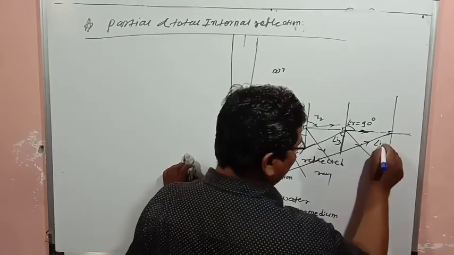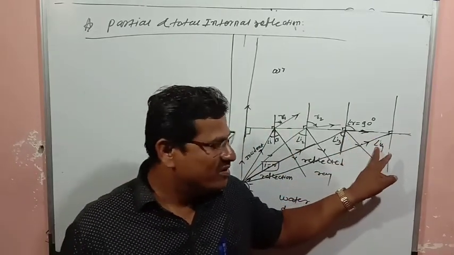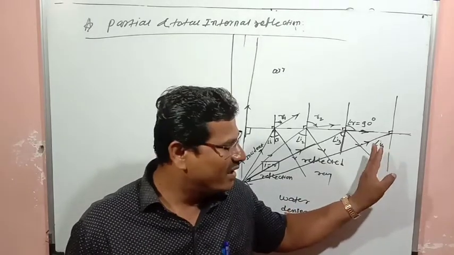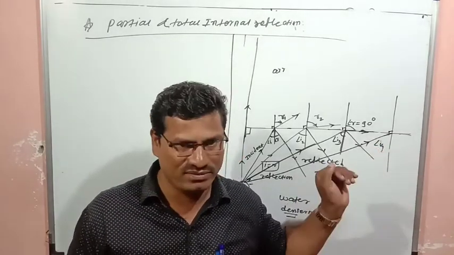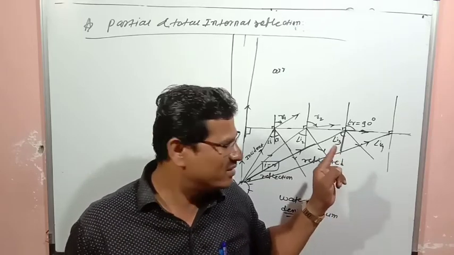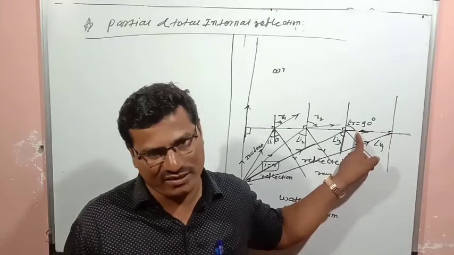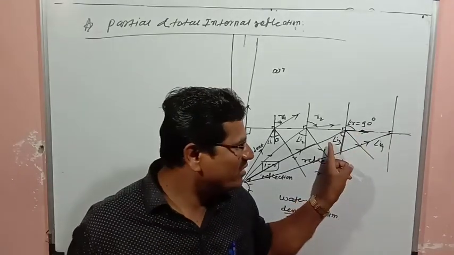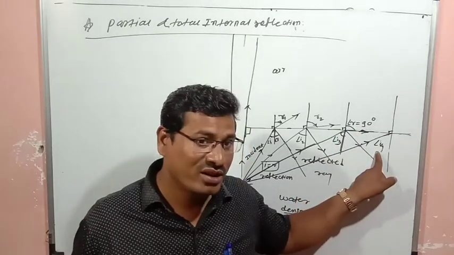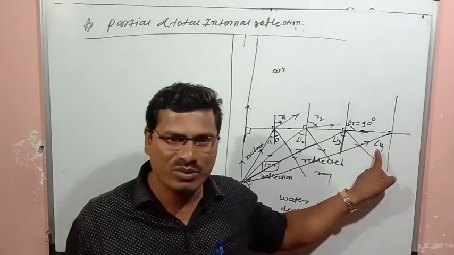For that angle of incidence I4, the angle of incidence will be more than the critical angle. When the angle of refraction becomes 90 degrees, the angle of incidence is the critical angle. Increase it again, the angle of incidence more than the critical angle, more than I3, so I4 will be more.